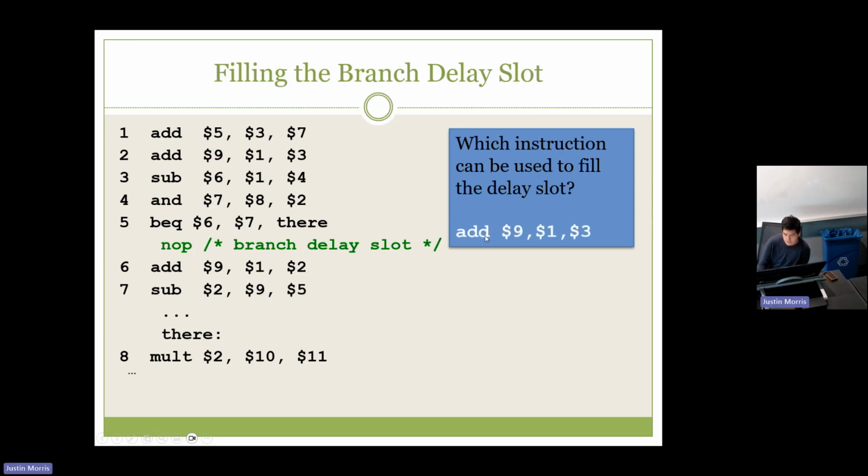So we're going to use this add 9 13 as our delay slot. You can see just from this small example, we were only able to find one independent instruction, so we needed to find 5. Imagine that it's going to be a hard task.